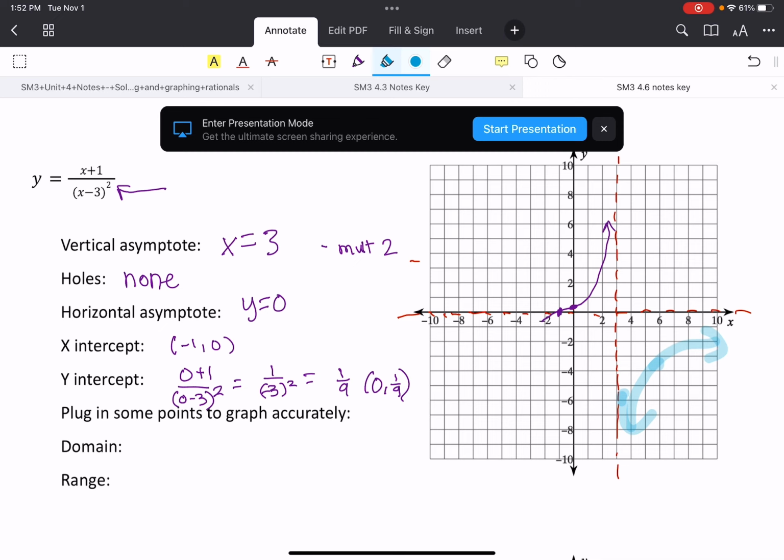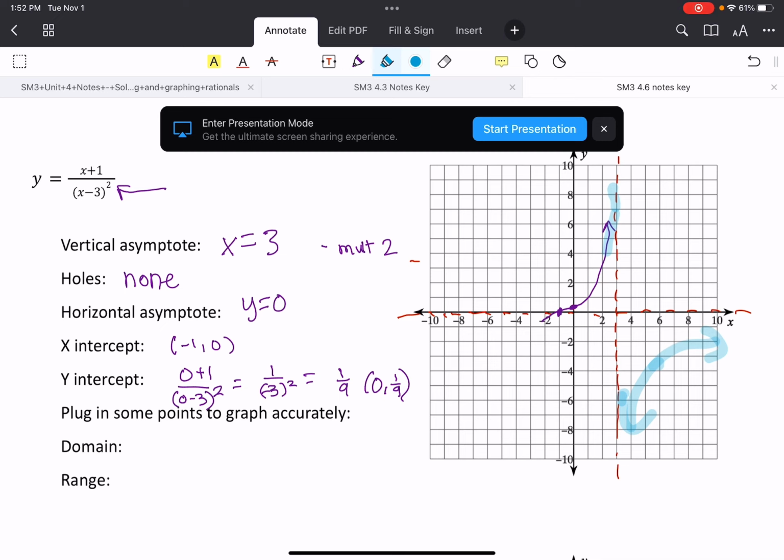Okay. We just defined the new word sign change. So what did that mean? Sign change. It's where it's positive or negative. So around the vertical asymptote, do you see how this picture right here has a sign change? Positive, undefined, negative.